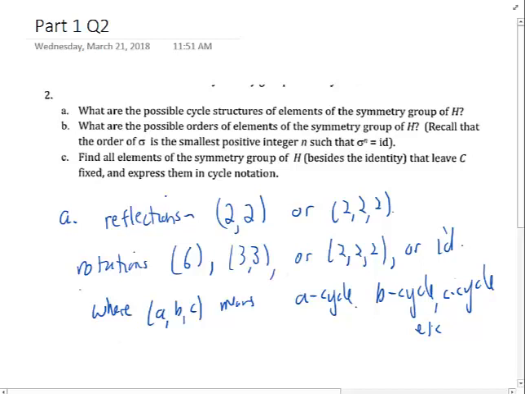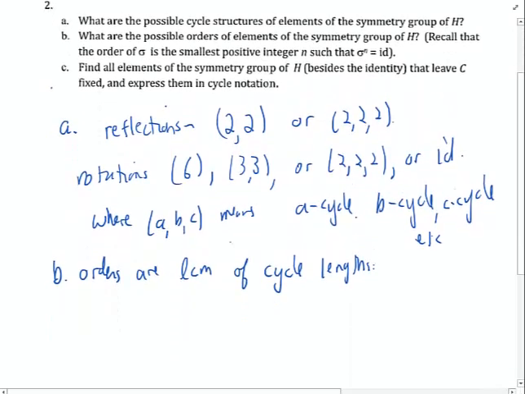All right. So let's look at B. What are the orders? So B you get from A. So the orders are the LCMs of cycle lengths. Okay. So in the first case with 2 2 or 2 2 2, you'd have either 2, and this 2 2 2 also has order 2.